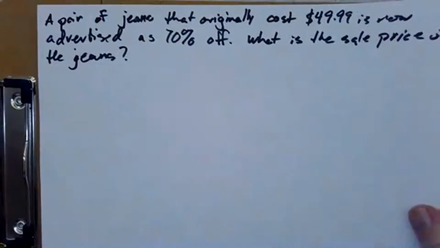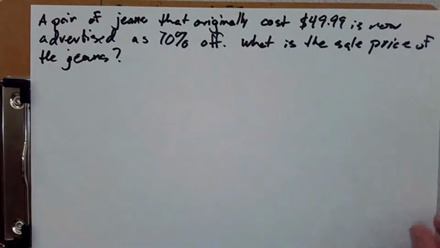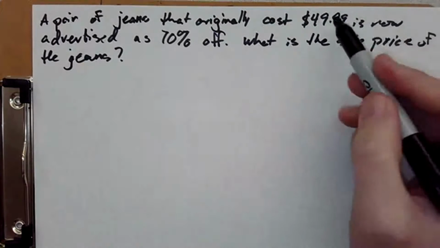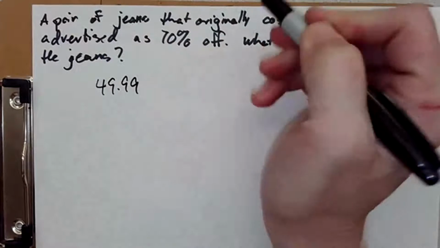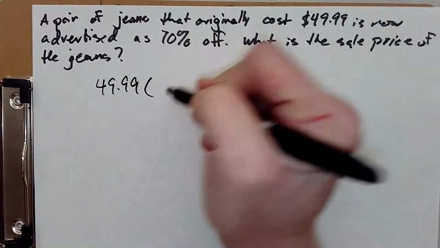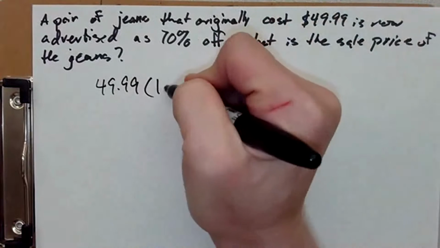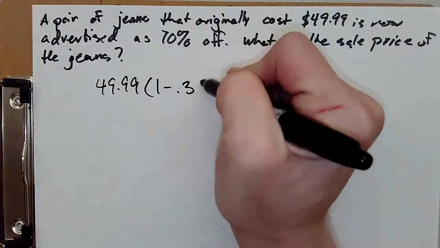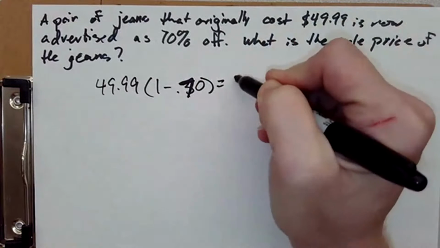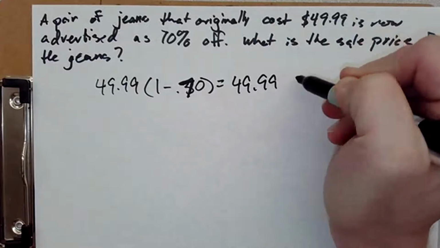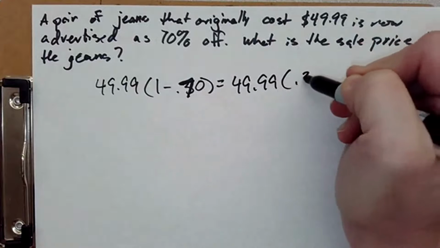A pair of jeans that originally cost $49.99 is now advertised as 70% off. What is the sale price of the jeans? Here, we can do this as 49.99 times 70% off means 1 minus 0.30, 0.70 rather, so 49.99 times 0.30.